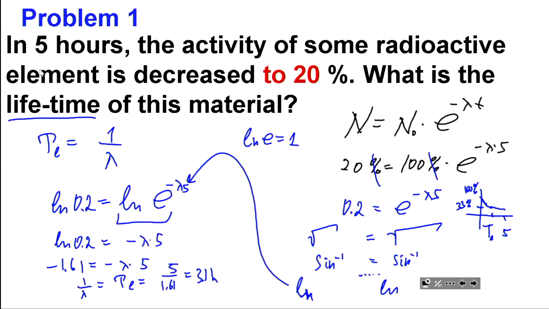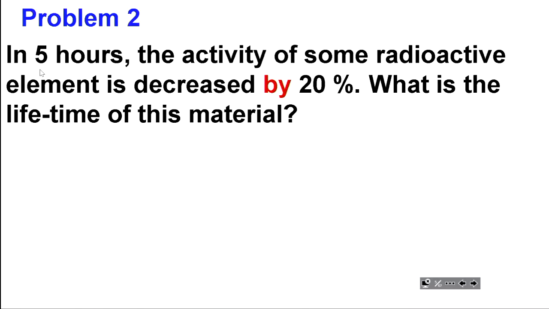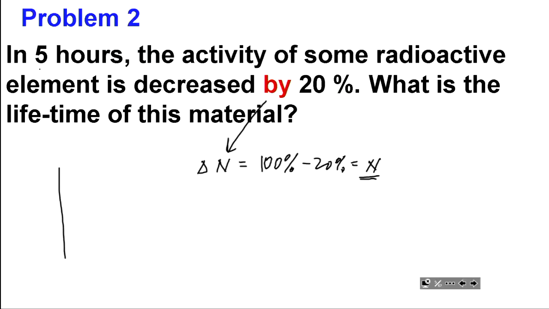And of course we know what to do to solve the second problem. We just have to know that if increased by, or decreased, well, decreased by means the difference. That's going to be equal to 100% minus 20%, and that's going to give us the final value. And now we just have to repeat the whole procedure.